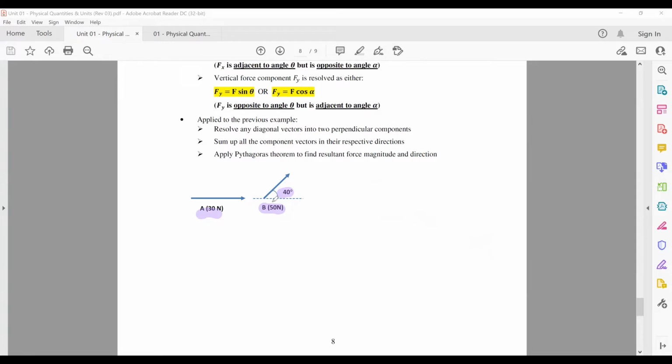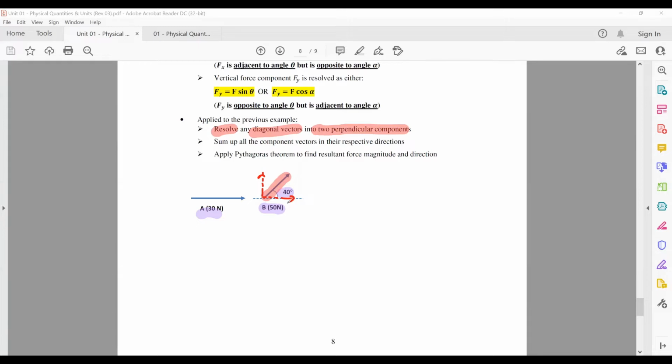Now, in general, when you want to find the resultant using resolution of vectors, the first thing you would normally do is resolve any diagonal vectors you see into two perpendicular components. The only diagonal vector that you see in this example is this one. So when you resolve it, it will be resolved to these two components here.